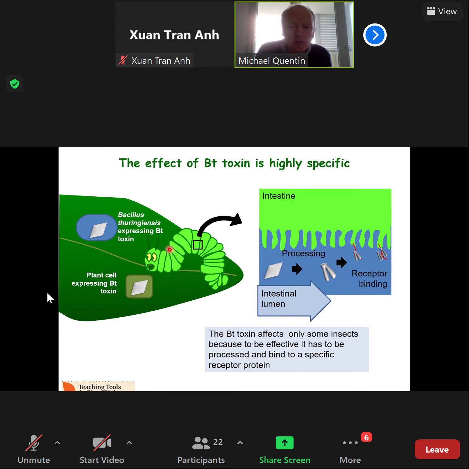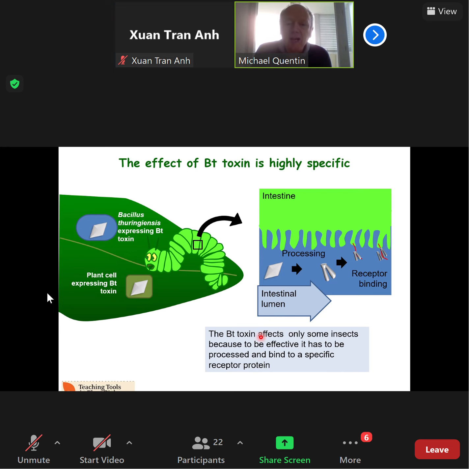Then, once the insect that you can see here is eating the transgenic plant, the toxin will be processed in the intestine of the insect. And there, it will be perceived specifically by some insect receptors that are present on the intestine surface of the insect.